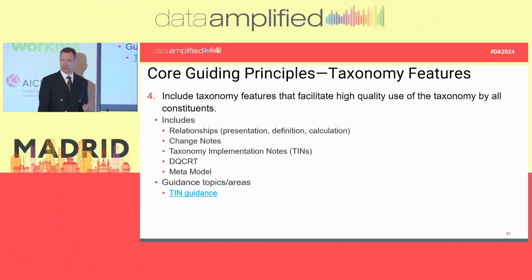The taxonomy implementation notes is a means of conveying additional guidance to the users of the taxonomy that's embedded right directly in the taxonomy for optimal use.